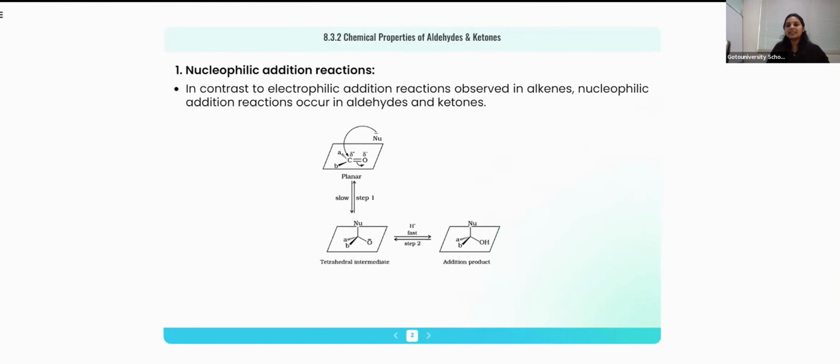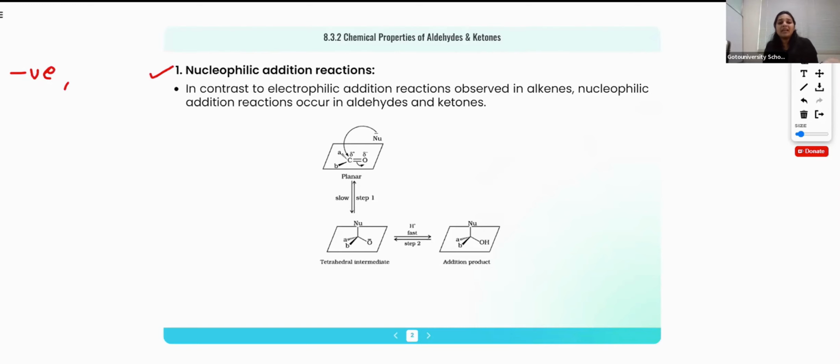See, the first reaction of these aldehydes and ketones is the nucleophilic addition reaction. We know what a nucleophile is, right? As I told you, nucleophiles have a negative charge and they like the nucleus because the nucleus has a positive charge.